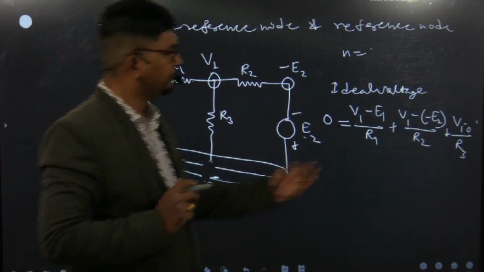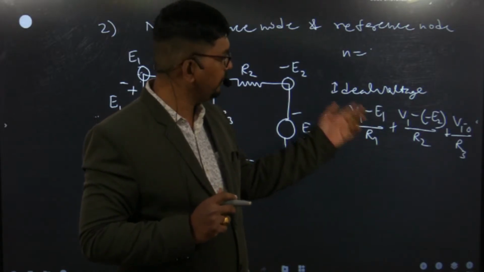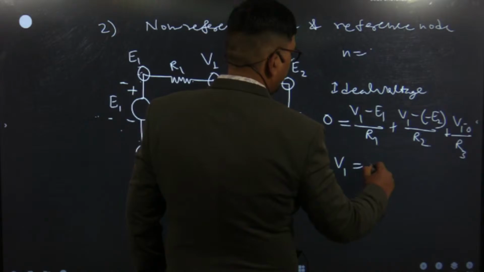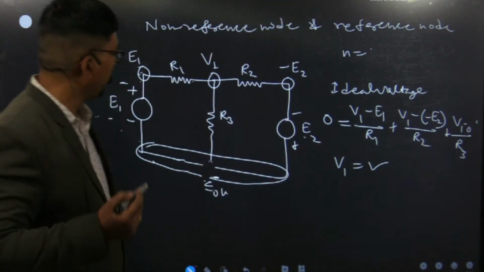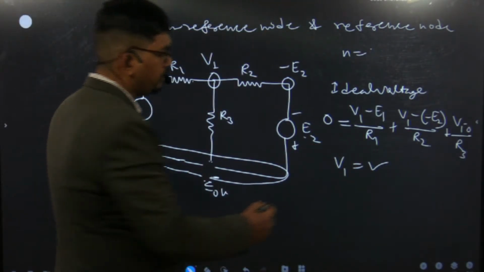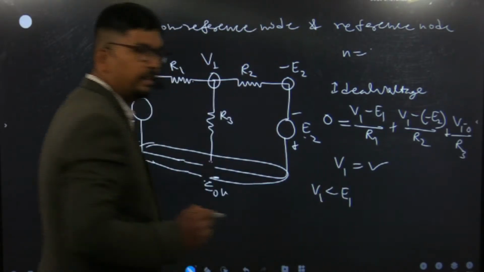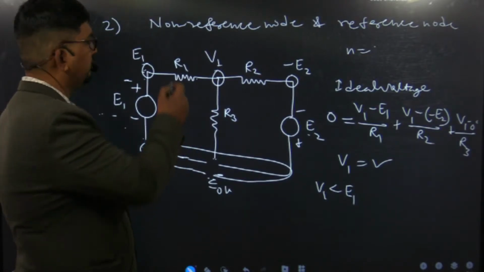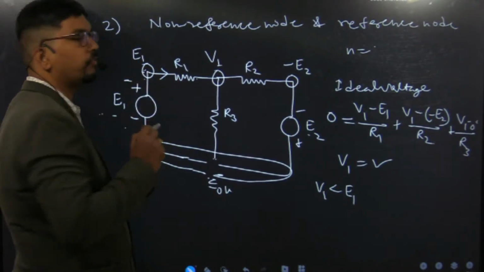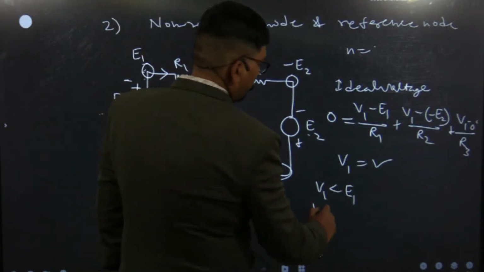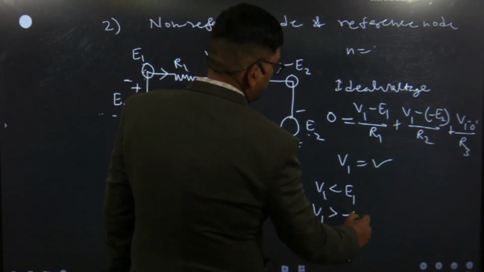Once you know all the values of the parameters, we can find V1. Once you have found V1, what will be the actual direction of the current? Suppose V1 is less than E1. In that condition the actual direction of the current will be from E1 to V1, and suppose V1 is greater than minus E2.